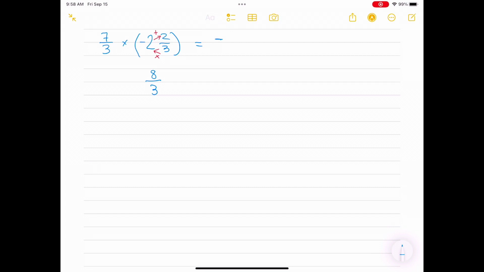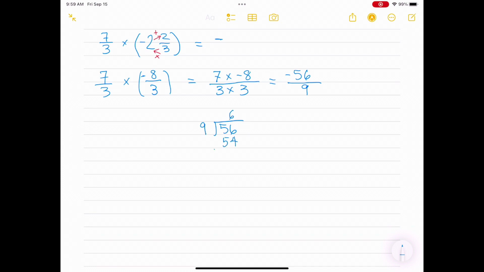Now from the line above, I bring down 7/3 to multiply straight across. So the numerators will be 7 times 8, and the denominator will be 3 times 3, which gives us 56 ninths, or negative 56 ninths. 56 ninths is 56 divided by 9, and I do that calculation on the side. 56 divided by 9 equals 6 and 2 ninths.